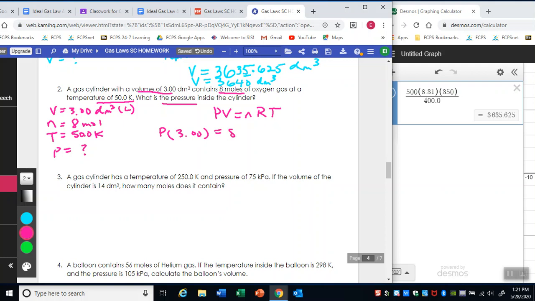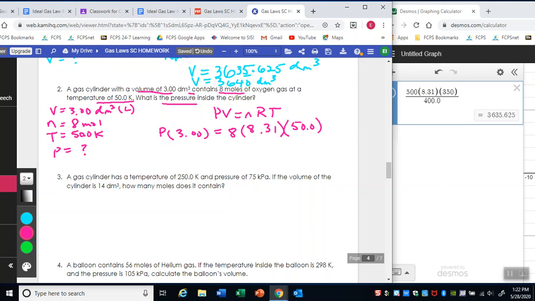Number of moles is 8, right? I'm taking off the units. And according to these units, I would use this constant, 8.31. And the temperature is in kelvins. That would be 50.0.